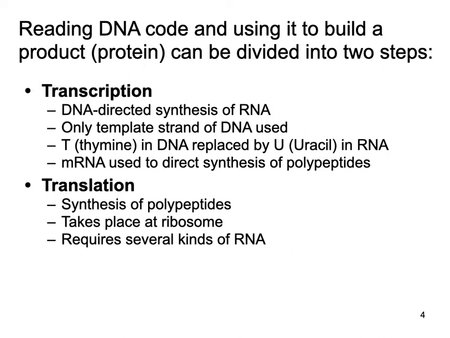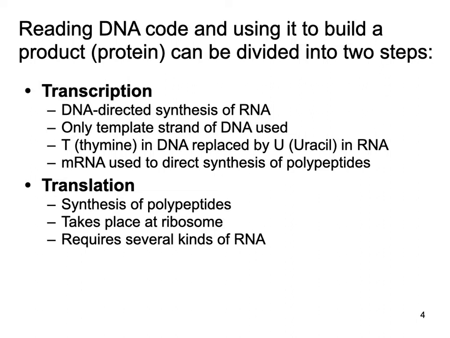Thymine, the nitrogenous base in DNA, is replaced by uracil in RNA. But of course, remember there's another difference between DNA and RNA nucleotides, and that is they have a different sugar, right? DNA has deoxyribose sugar, RNA has ribose sugar. So all DNA nucleotides will be replaced by RNA nucleotides during the process of transcription.